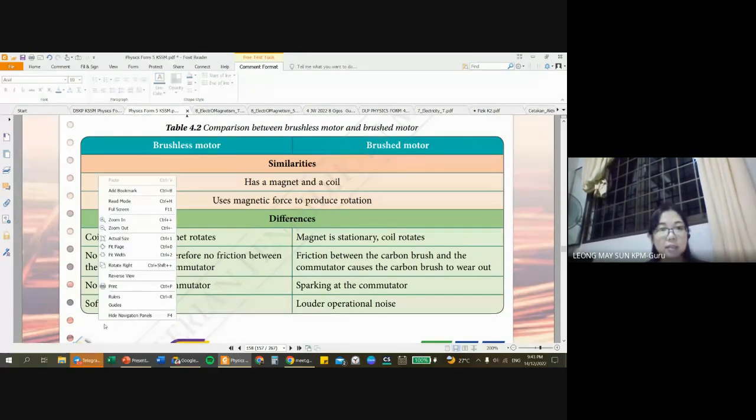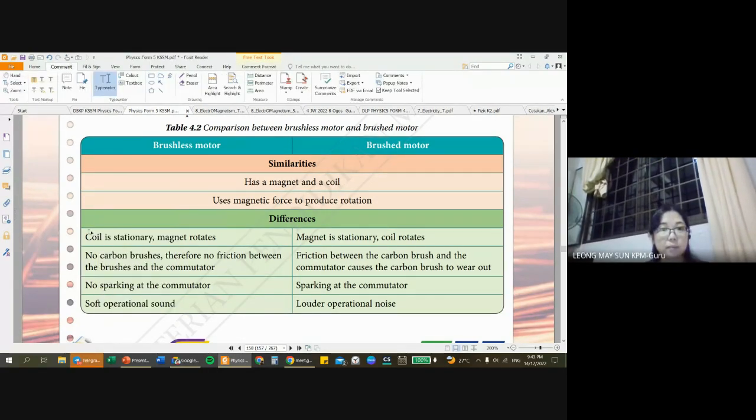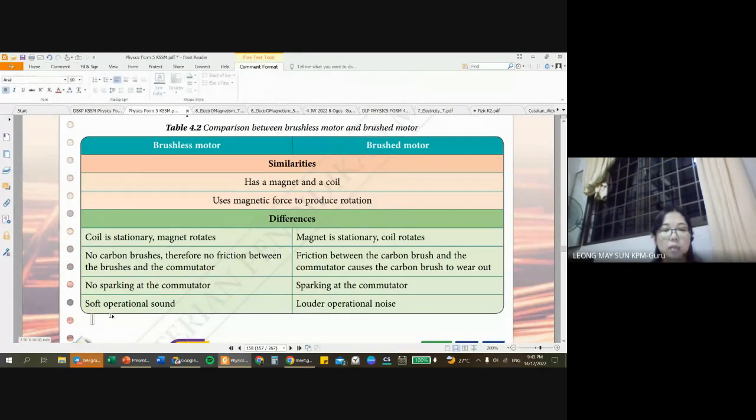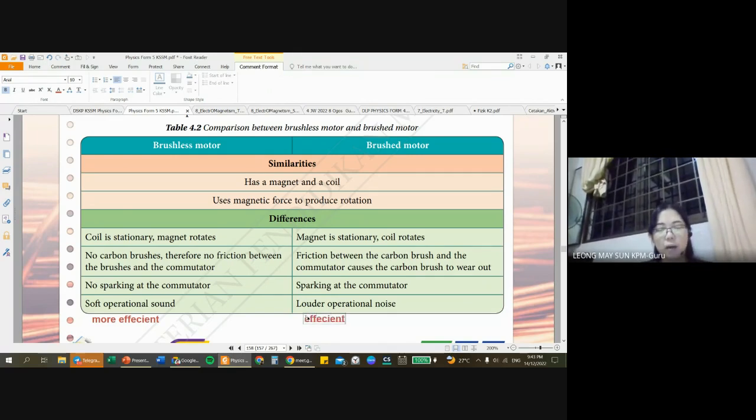Another difference is that the brushless motor is more efficient compared to the brushed motor, because I did some research regarding this. The brushed motor is less efficient.